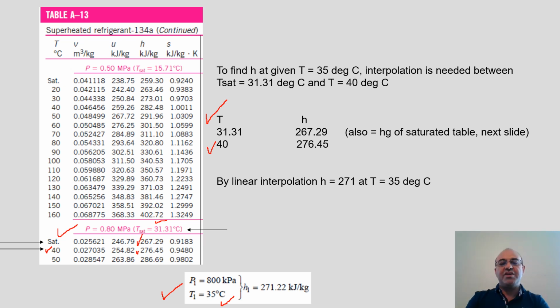Then we simply interpolate in order to find h at a temperature of 35 degrees C, which is in between. Just follow the linear interpolation that we talked about in the previous lectures from chapters 3, 4, 5, and so on. With this, we find h1 by interpolation as 271.22.